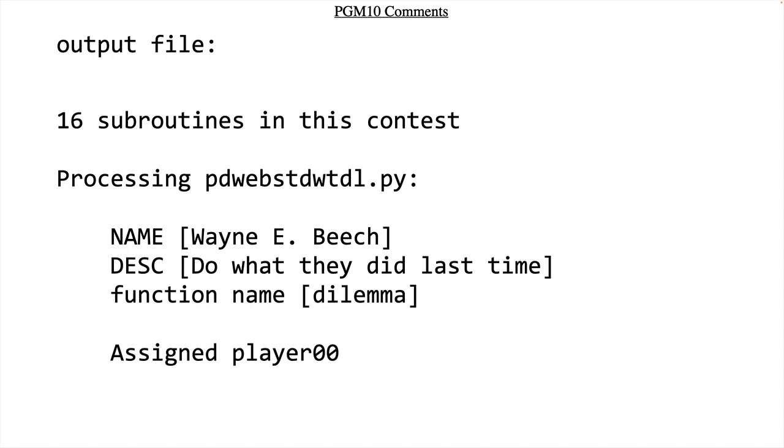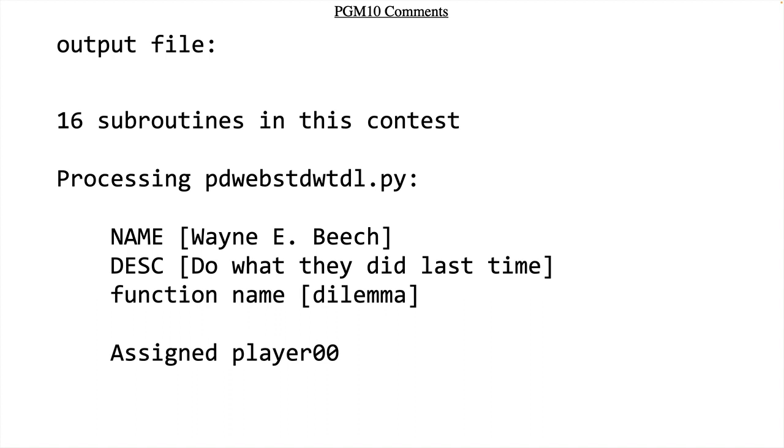The first one it found is PD web standard WTDL.py. The PD means it's a Prisoner's Dilemma subroutine. The web are my initials, so it's something I wrote. This is a standard routine, and the WTDL stands for what they did last time, so I'm just going to look at their last move and do that on the next thing.